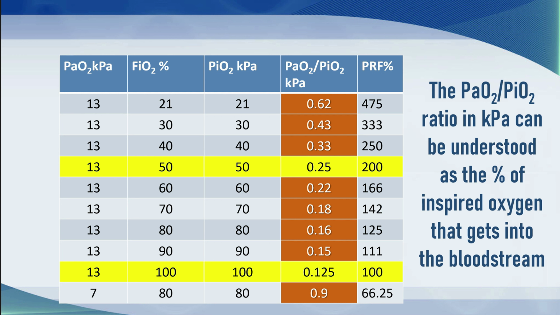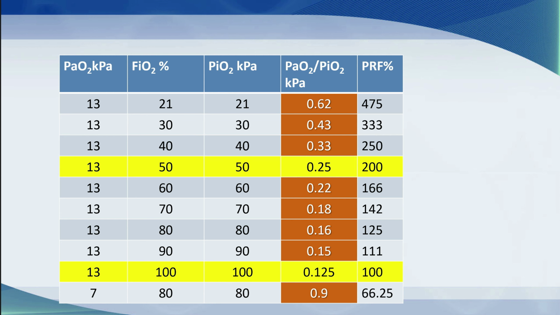It also clarifies the situation. 10 to 12% of inspired oxygen is a much more powerful indicator of the severity of hypoxemia than, for example, 80 to 100. So I kind of like this approach, but I'm not selling it to you as a new way of doing things. It's just an alternative way. What makes the PaO2/FiO2 or PaO2/PiO2 ratio quite neat in kilopascals is that everything is so decimal.